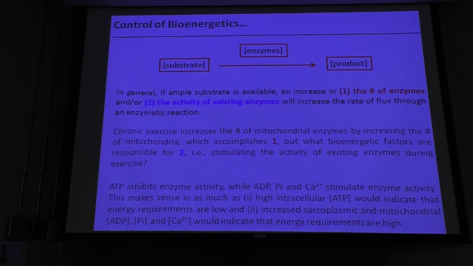However, increases in ADP, inorganic phosphate, and calcium, which is released from the sarcoplasmic reticulum into the cell, stimulate enzyme activity. And again, this makes sense. You want signaling molecules that activate these enzymes in relation to the energy state or the energy demands of the muscle.